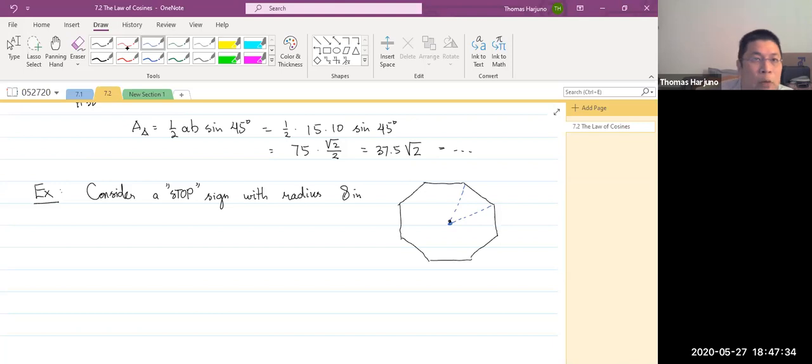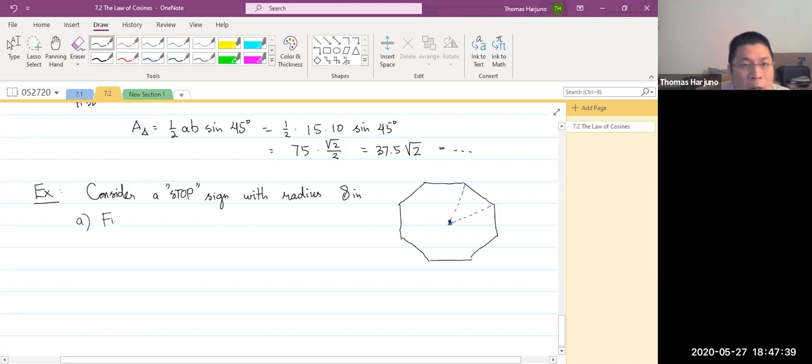Now, there are two possible questions from here. The first question, find the perimeter of this stop sign. Then the perimeter equals, I will deal with this one triangle here.